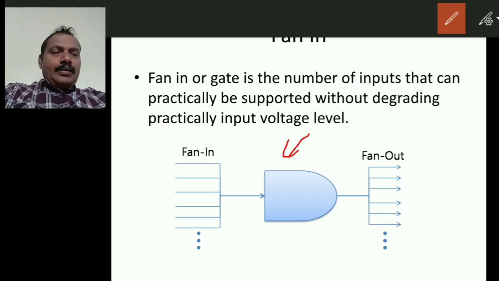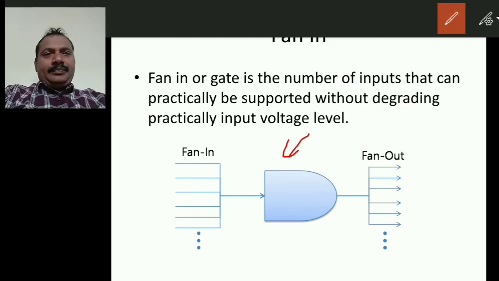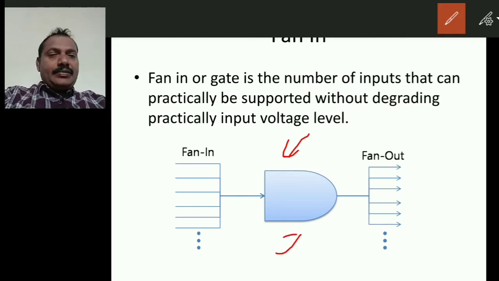So fan in means the maximum number of signals from other circuits that can be given to this AND gate. That means the maximum number of inputs that it can have. That is the fan in of that gate.